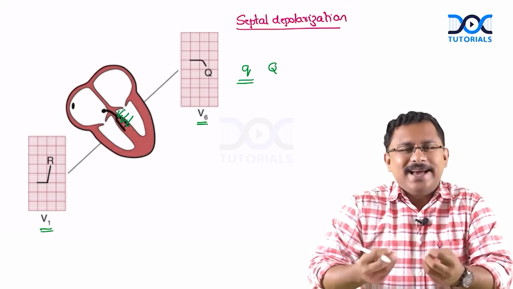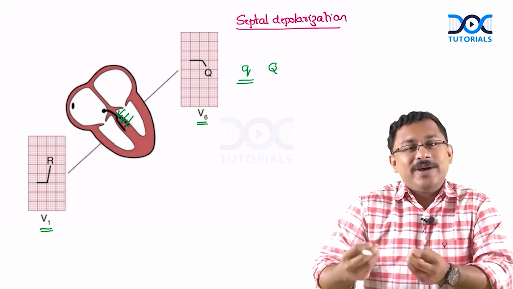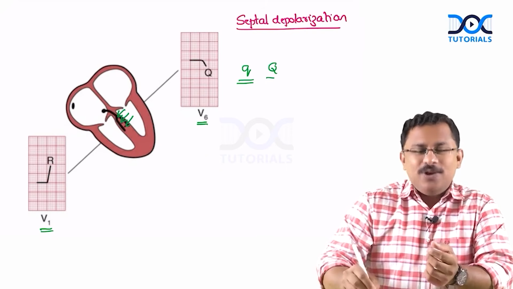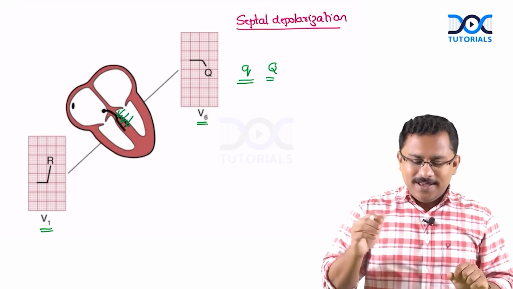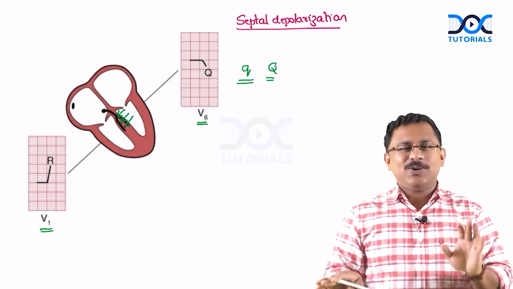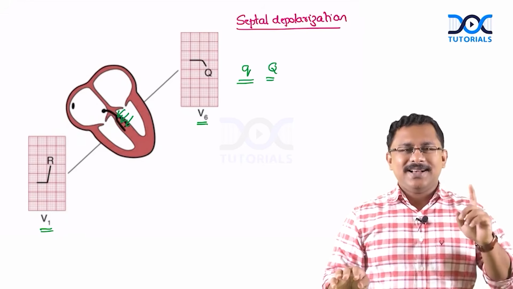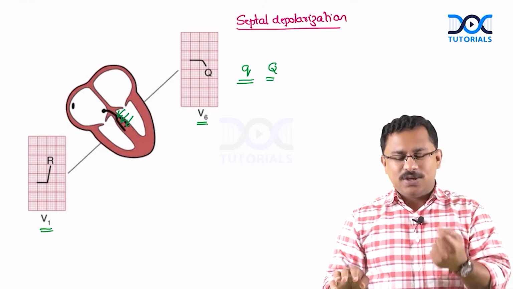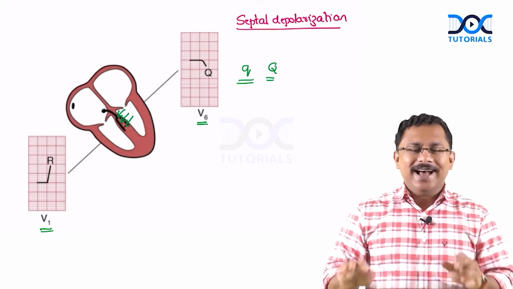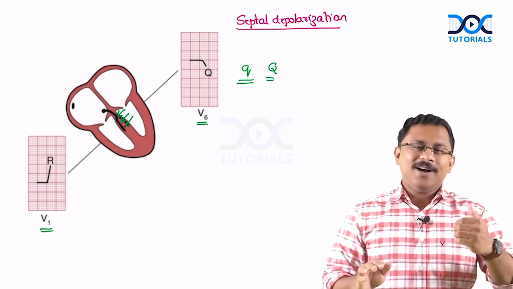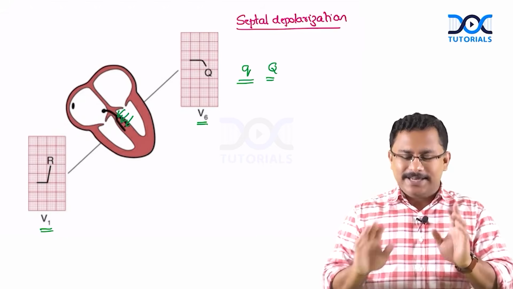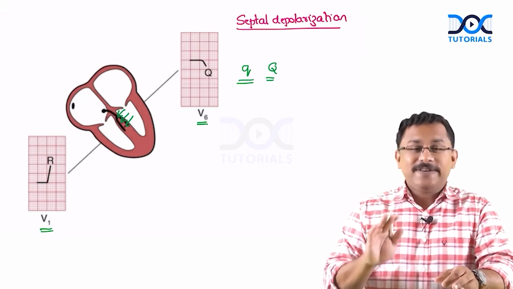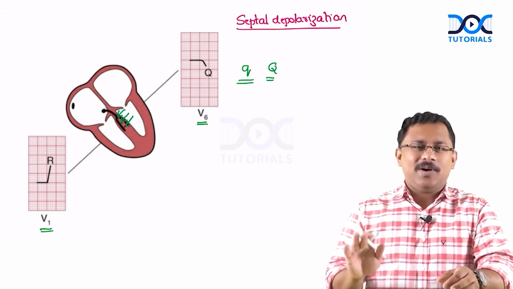Okay, so q waves can be normal and q waves can be pathologic. So when you have a large Q wave, it is likely to be pathologic. All right, so you understood the initial deflections, the R in V1 as well as the Q in V6, and why it is a positive deflection in V1 and a negative deflection in V6. That is clear. Okay, so the first step was the septal depolarization.